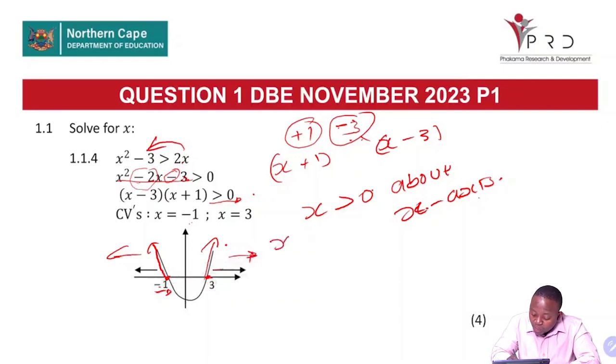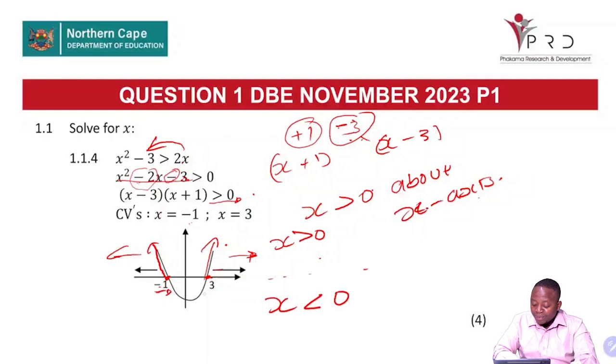Greater than 0 means above, less than 0 means below. That's what we are talking about in that case.